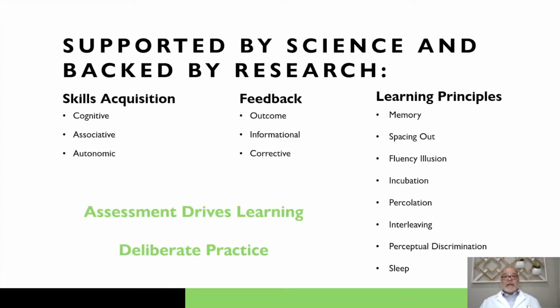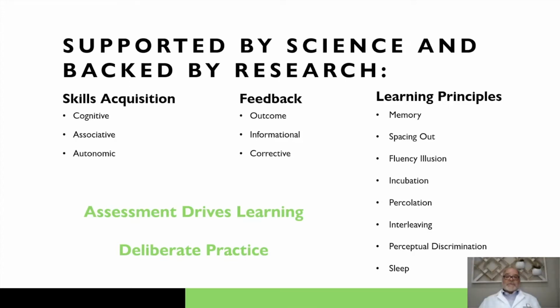We go to Scott Young's book, Ultra Learning, and we read about 3 different types of feedback. We have the outcome feedback, where you just get a score and it tells you how you scored relative to everyone else. You get informational feedback, and it shows you, as an example, an illustration that shows you where you made your mistake.